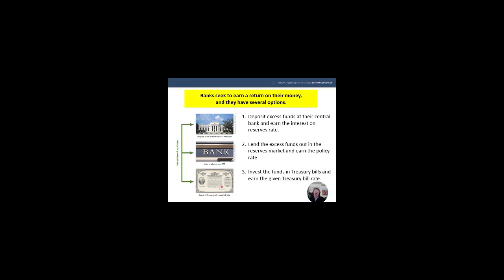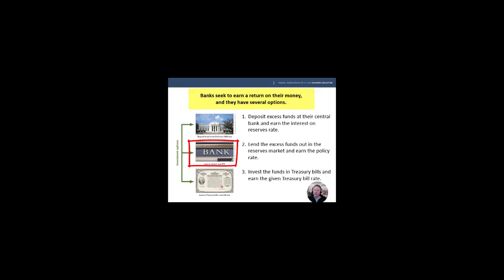Banks seek to earn a return on their money. Banks say, oh, I know I can deposit funds at the central bank in my reserve account and earn interest on the reserves rate. Now, let me look in the market for other opportunities and see what I can get there. And this slide shows three options for banks that want to invest their excess funds overnight.